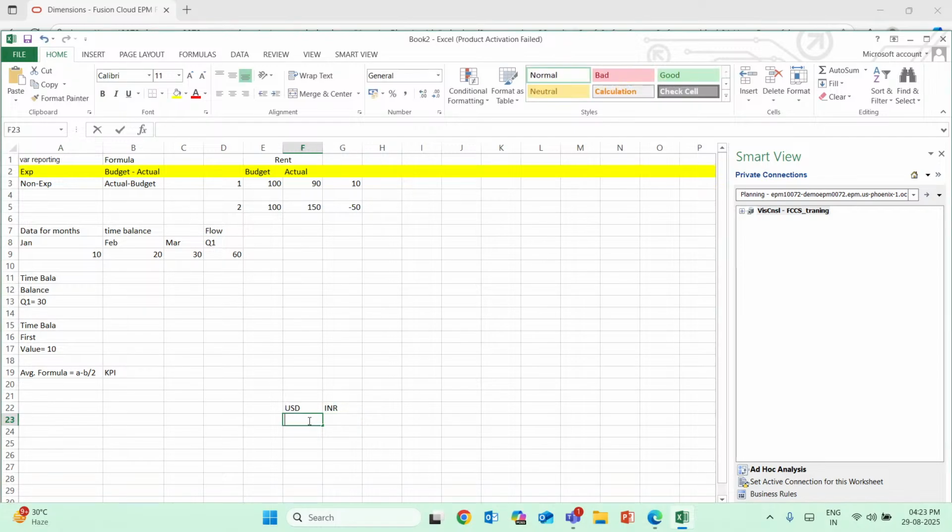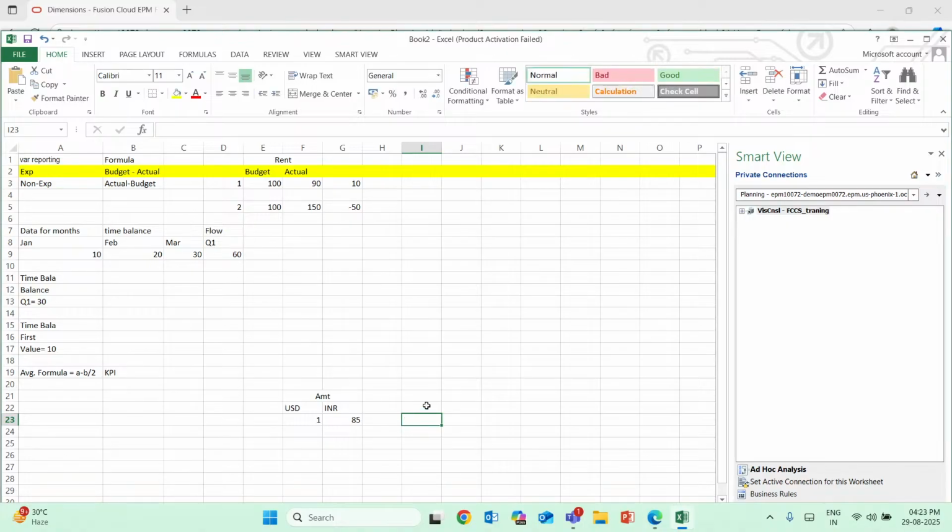Let's suppose one USD is almost equal to 85. So this is the closing rate, which is provided by the client for the particular period.